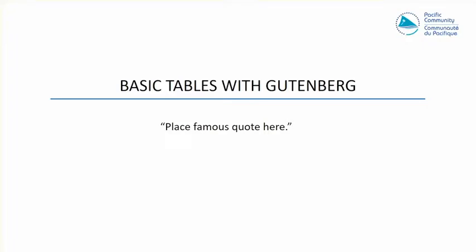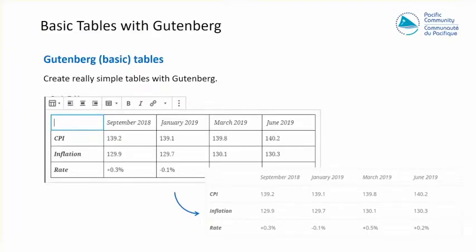I'm going quickly through the basic tables we can integrate with WordPress without using any plugin. So, for instance, the Gutenberg editor by default already allows you to create tables, like the one you see here.